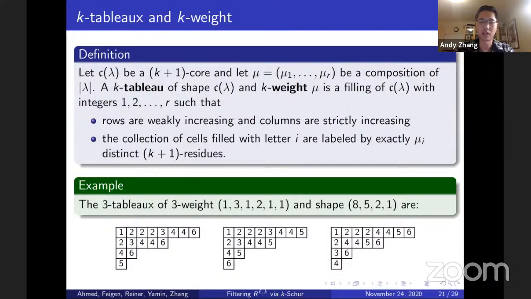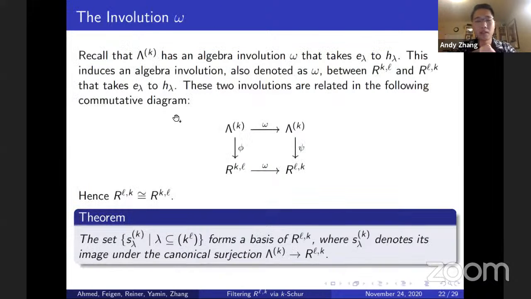I think the main takeaway here is that this definition allows us to formulate an analogous version of Schubert calculus in the setting of k-bounded partitions. And in particular, we could ask how these k-Schur functions behave under the notion of conjugation. So let's recall that the k-bounded symmetric function ring lambda k has a natural algebra involution omega that takes E lambda to H lambda.